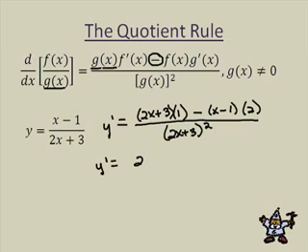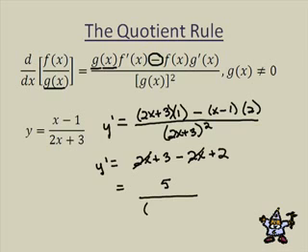Okay, so when we simplify, we get 2x plus 3. Remember, on top now I'm distributing a negative and the 2. So negative 2 times x and negative 2 times negative 1. It looks like those are going to cancel out, so I'm going to have a 5 over the denominator squared.